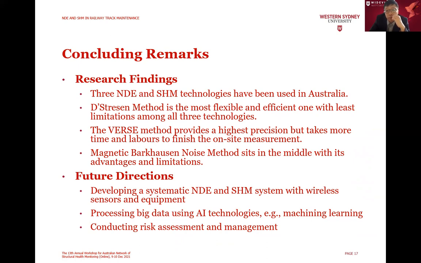The Vortok method provides the highest precision, but takes much longer time and labor to finish the on-site measurements. The magnetic Barkhausen noise method sits in the middle with its advantages and limitations.